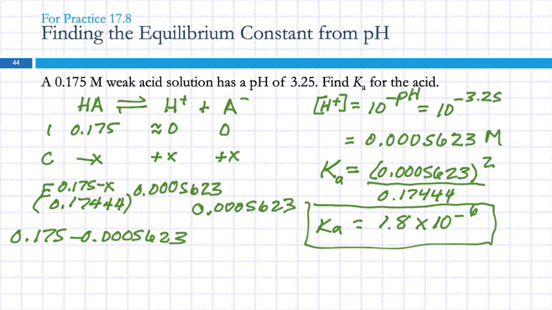Any questions? Good question. Why only two significant figures? The pH, it's the digits after the decimal point that are significant figures. So this pH has two significant figures. Okay.